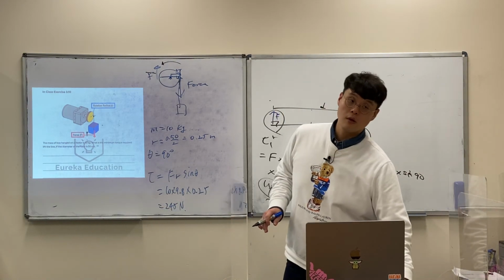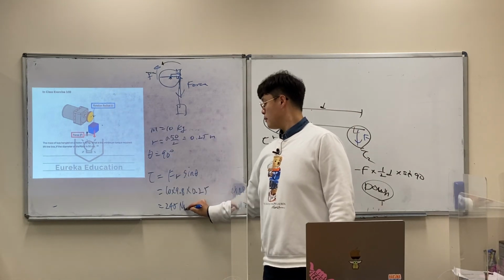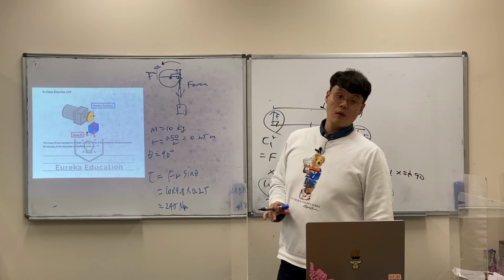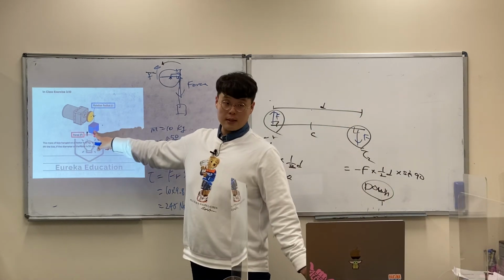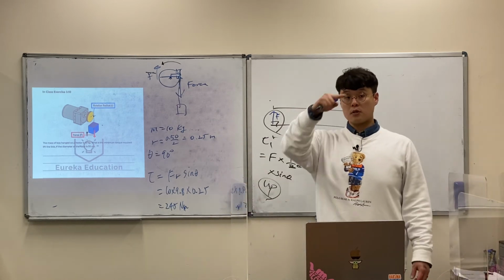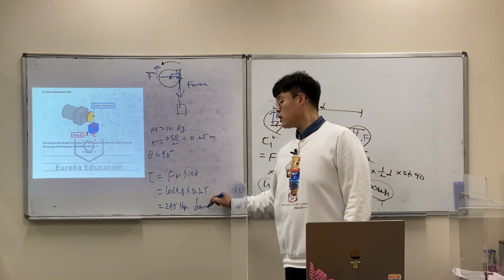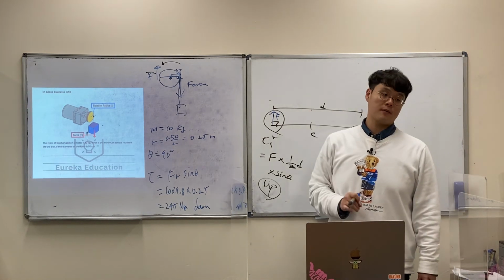Direction. Donghyun, what would be the direction of the torque in that case? If you hang the mass like this, down, or in terms of turning effect, it would be down, or clockwise.